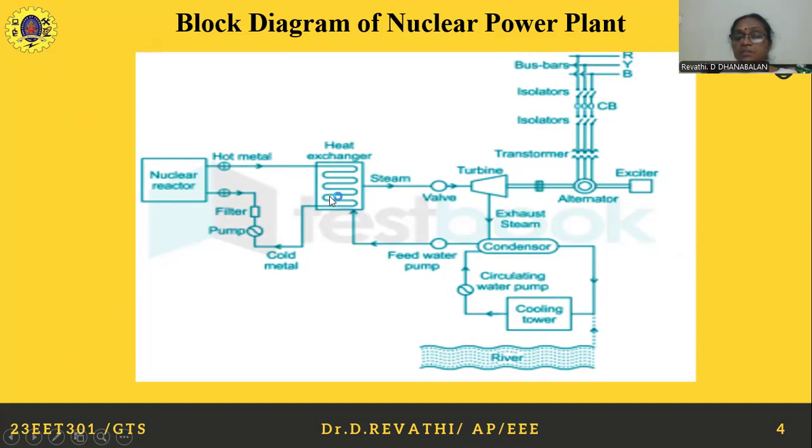The heat exchanger heats the water and converts it to steam. Steam goes to the turbine, and the turbine to the alternator. After the exchanger, excess water is sent to the condenser, and the condensed water is sent to the heat exchanger through the feed water pump.